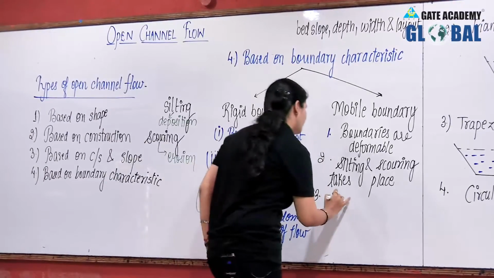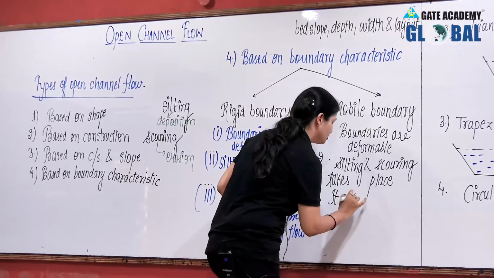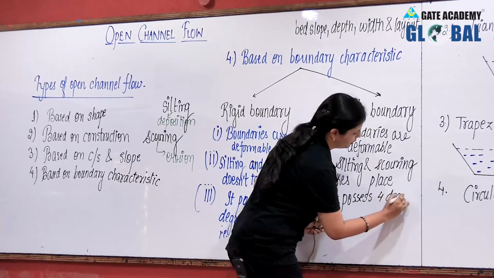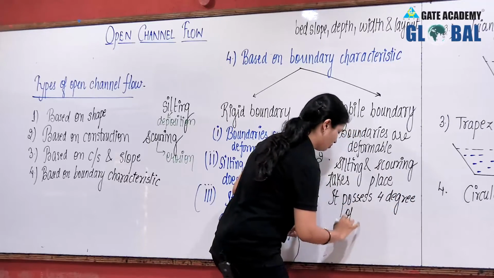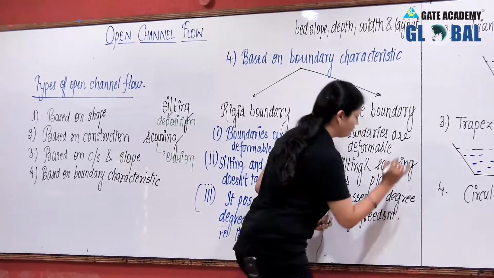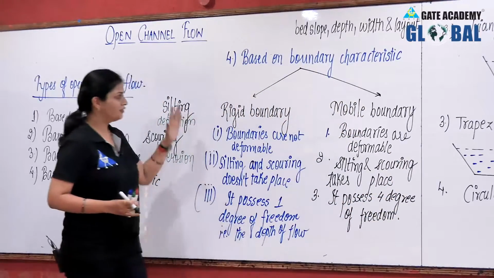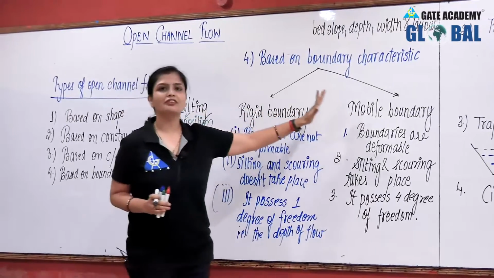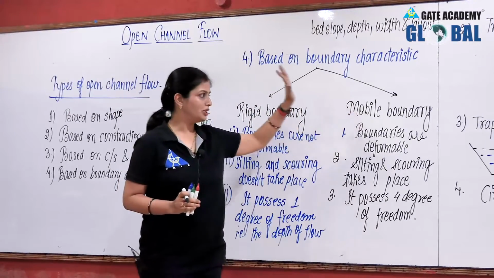So I can write it here, it possesses 4 degrees of freedom. Fine. So these are the differences between rigid boundary open channel flow and mobile boundary open channel flow.